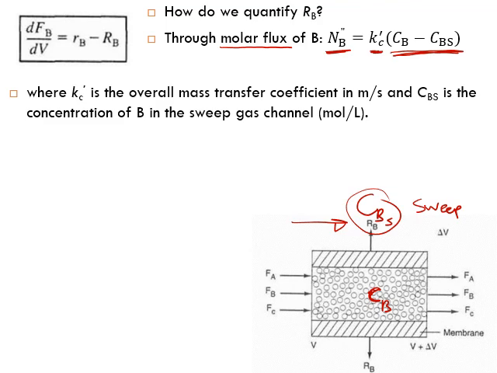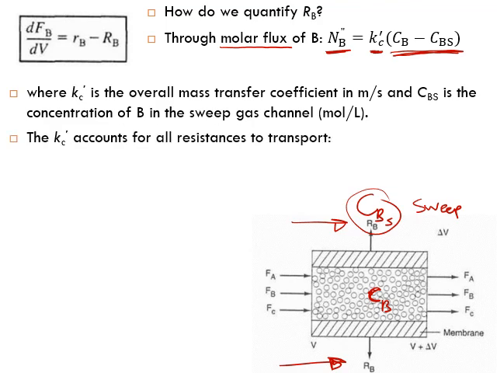Okay, so we said the Kc prime is the overall mass transfer coefficient in meters per second, and CBS is the concentration of B in the sweep gas channel, which is the external channel. Again, we can think about it as a concentric tube here. Okay, let's go back to Kc prime.